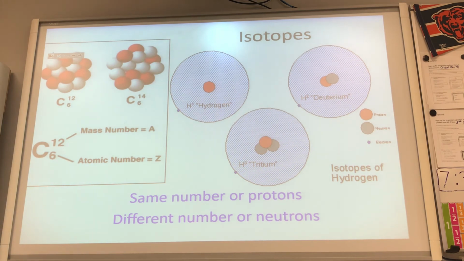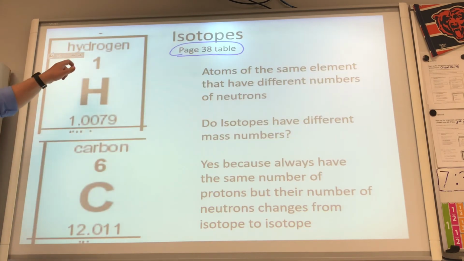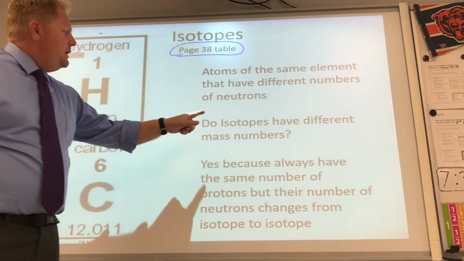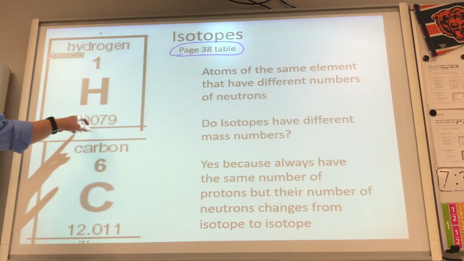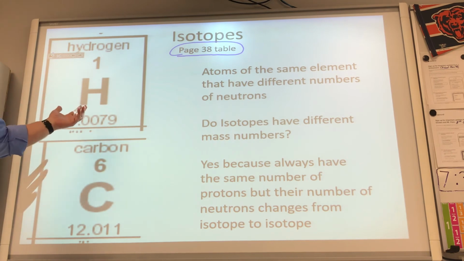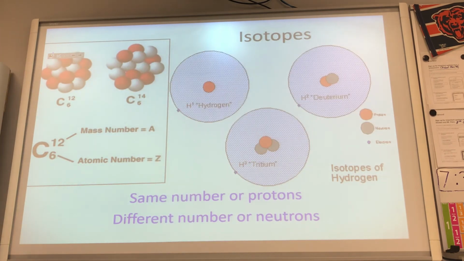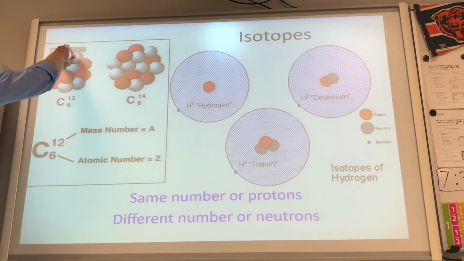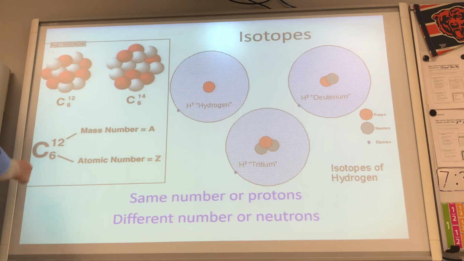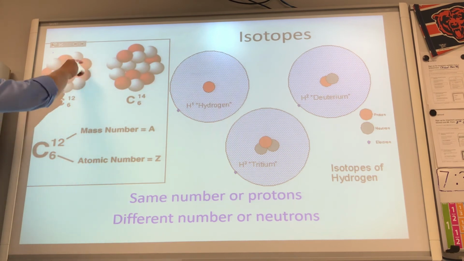All right. So now if we go back really quickly, isotopes do have a different mass number. That's how we get that. But they have the same atomic number. We can see this with carbon 12 and carbon 14. Carbon 12 has 6 protons and 6 neutrons.